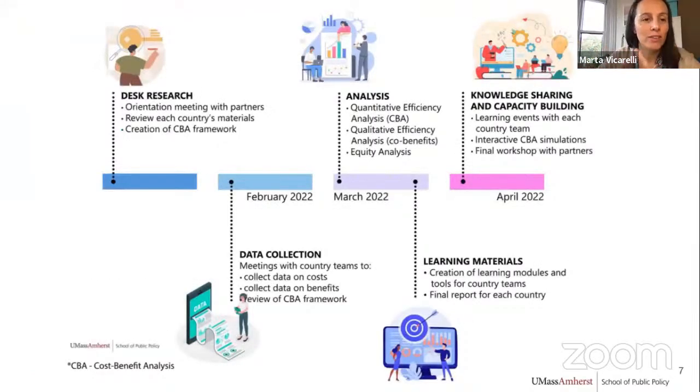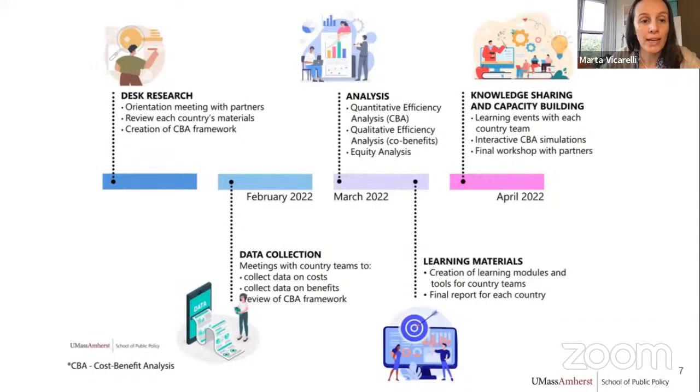So this is a little bit of a snapshot of our methodology. It's in 5 components. First, desk research that started in January 2020. It was just acquisition of knowledge through country materials. Followed by data collection. For the data collection, I really need to thank immensely all the country teams, all the people that have spoken so far, because they were instrumental in allowing us to collect the data necessary for the efficiency assessment.